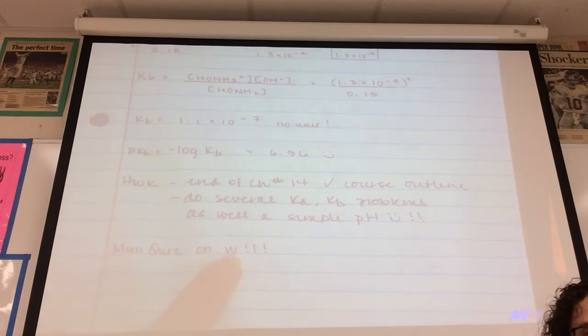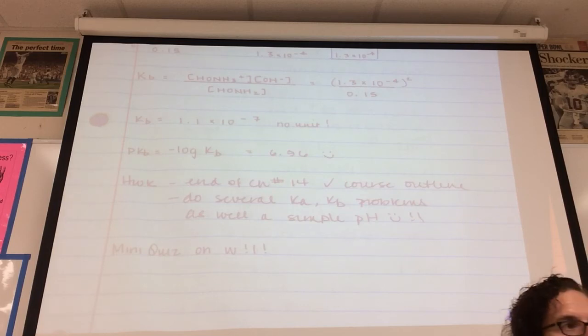Your mini quiz will be next week. It will include one more section. And I do mini quizzes in this chapter because the chapter is so long. If you don't keep up with it, you will be buried. Some years on the AP exam, acids and bases are hit so heavily, you can't afford not to have a solid understanding of it.